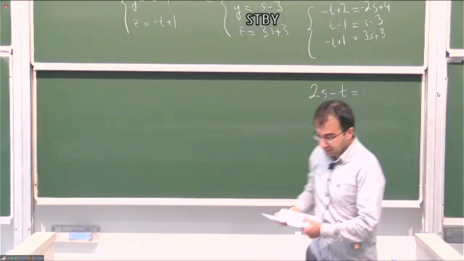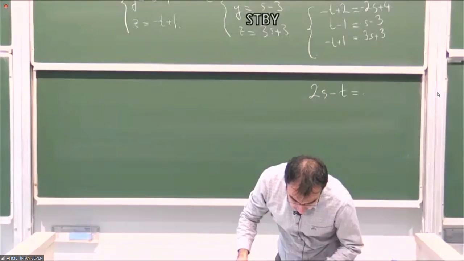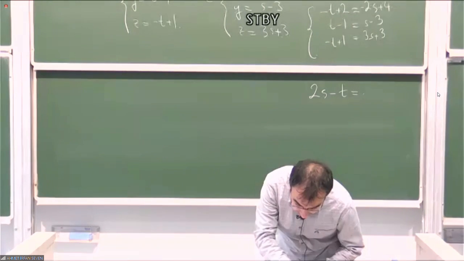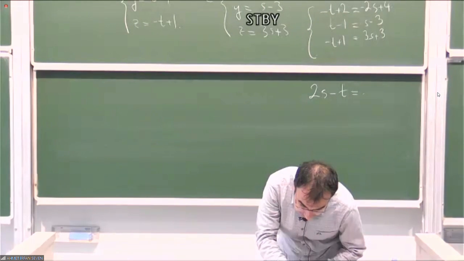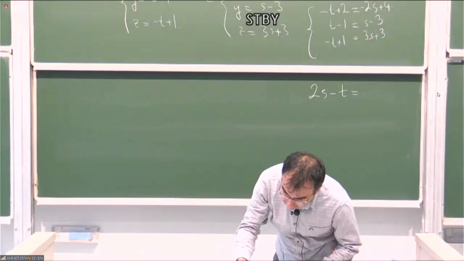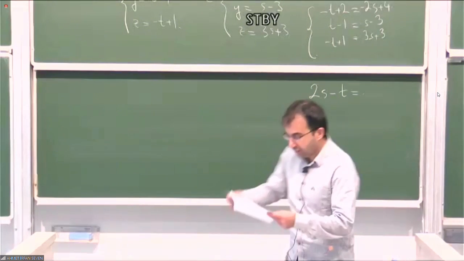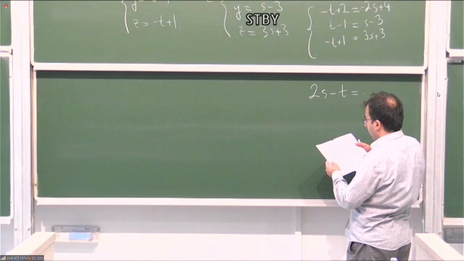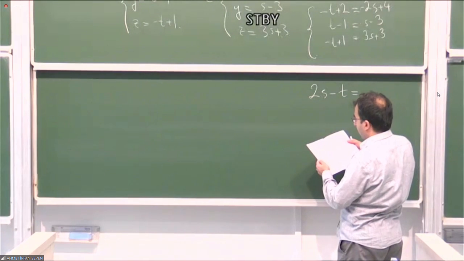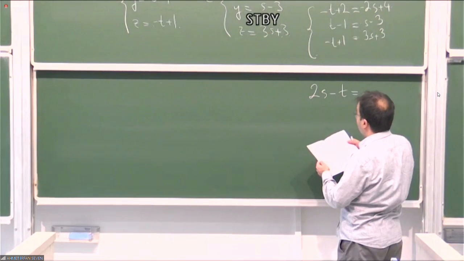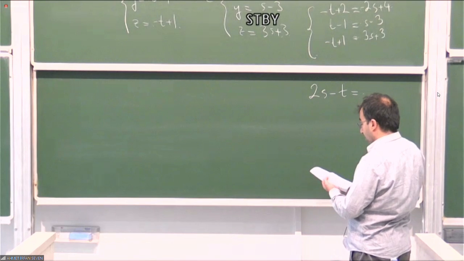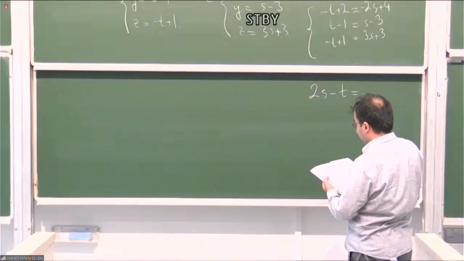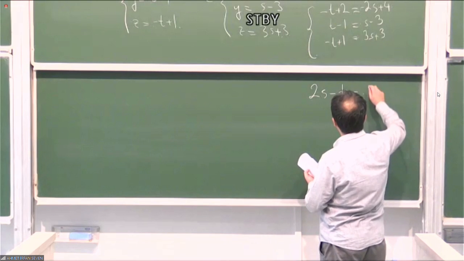Yeah, there is something wrong in the book, I think. Oh, okay. So 2s minus t is equal to 1.